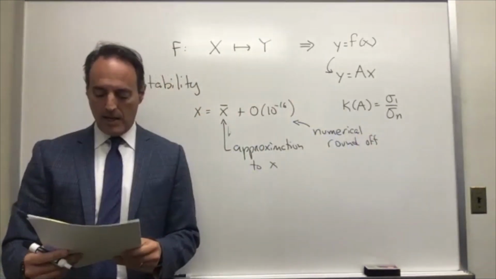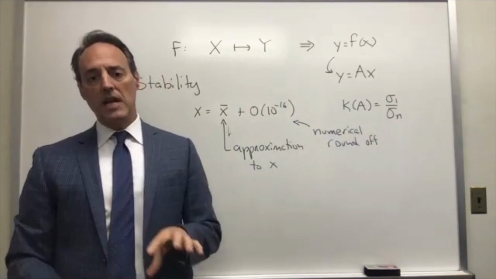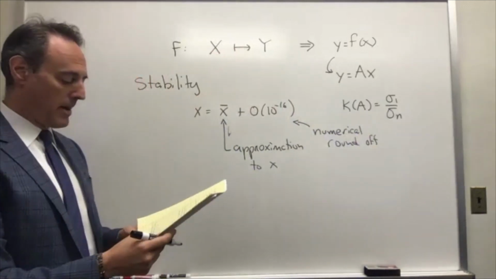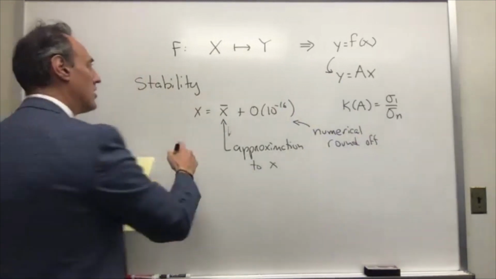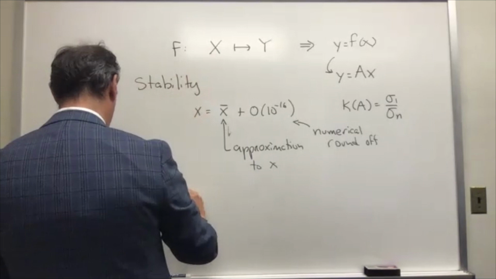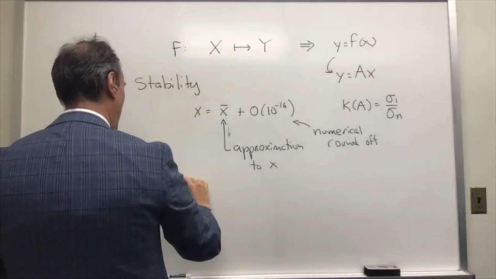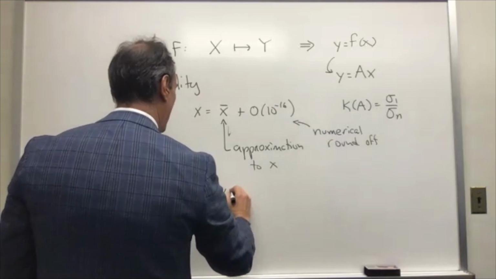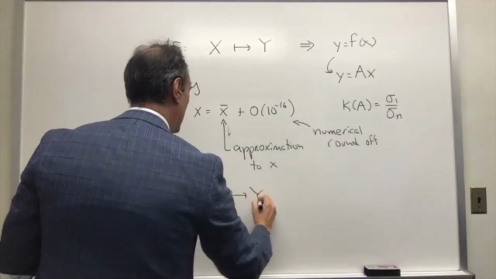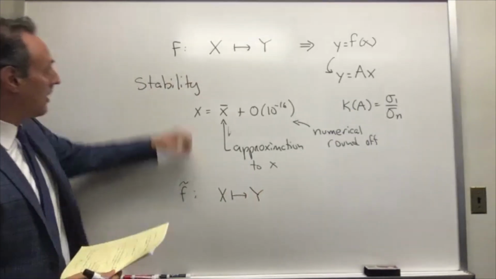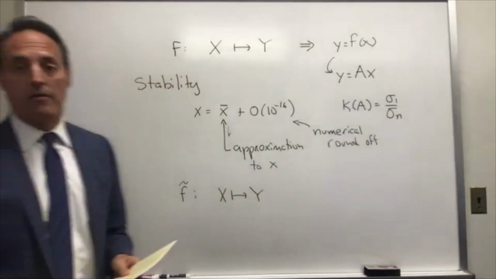At the end of the day, when we start formulating this problem, we have to think about formulating not f, which is some continuous variable mapping everything, but let's call this f tilde, which is going to map our x to y's, where this is my numerical approximation to f itself.